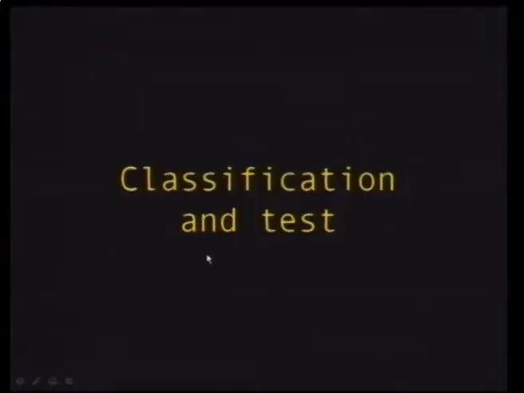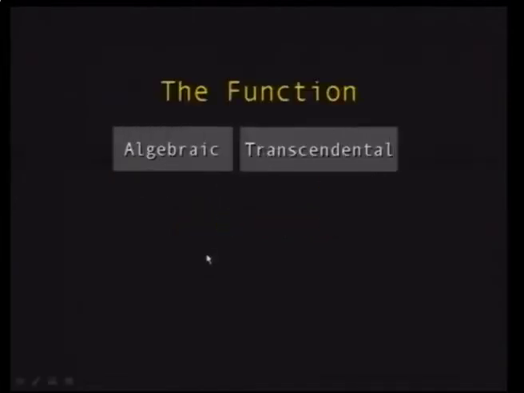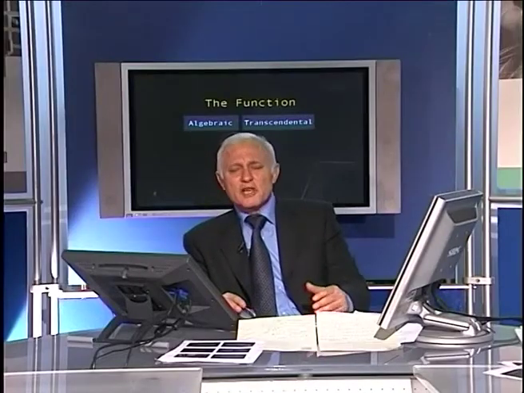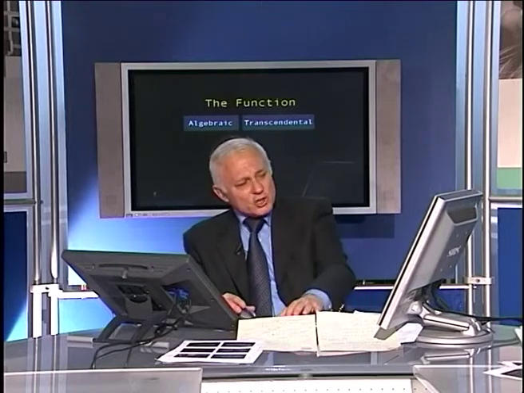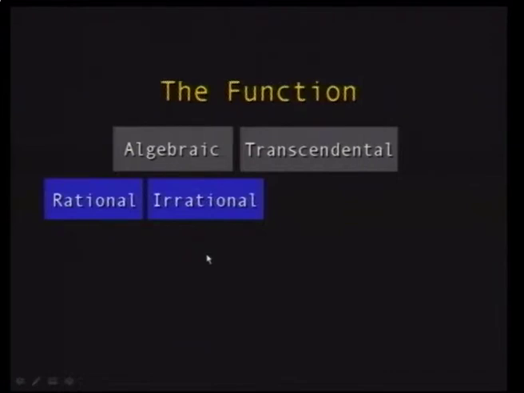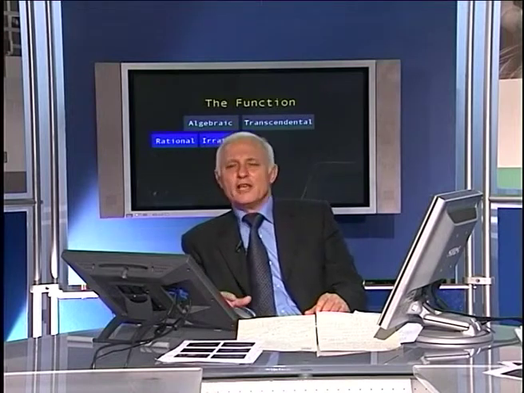Now we have to come to the classification of functions. As numbers are classified into algebraic, like the rationals and the square root of 2, etc., and transcendental, it is the same thing with functions. Functions can either be algebraic or transcendental. Now the algebraic functions are rational or irrational, and we saw this before. The rational, for example, x squared plus 1, and the irrational, for example, the square root of x cubed minus 3.